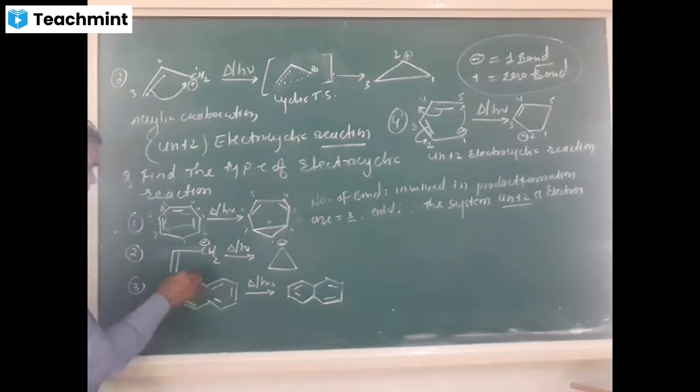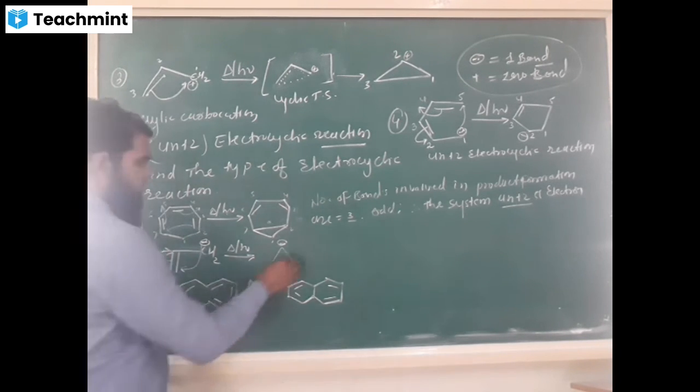Second one is, here this negative charge. This is a negative charge, very good. And this charge is shifted from one position to another. So it means this one negative charge is equal to 1 pi bond, and this pi bond is shifted. So the total number of bonds is 2.